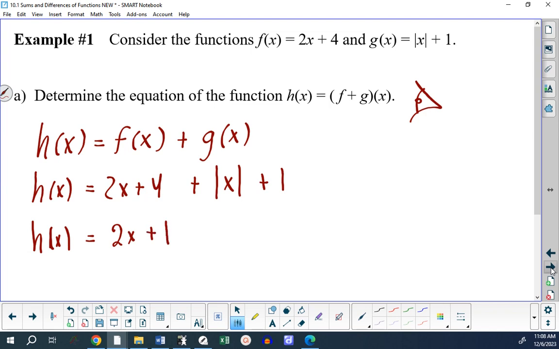I'm going to write 2x plus the absolute value of x plus 1. I could write plus 5. I could write the absolute value of x plus 2x plus 5. I could switch the order of these things.